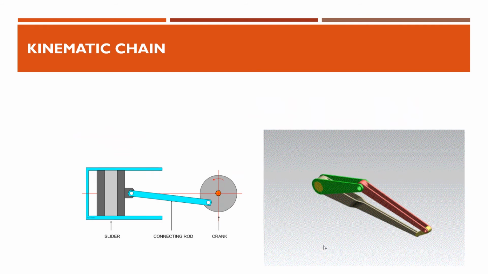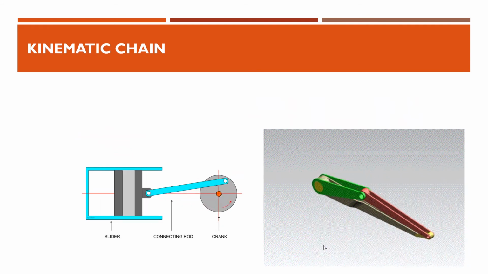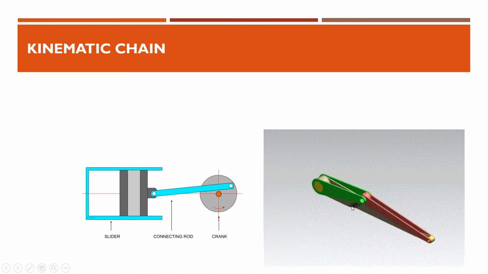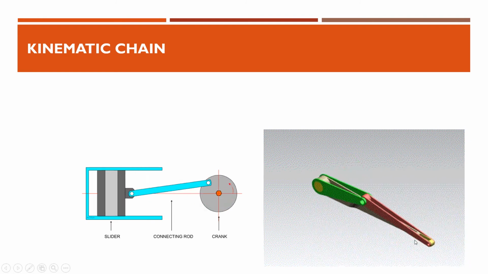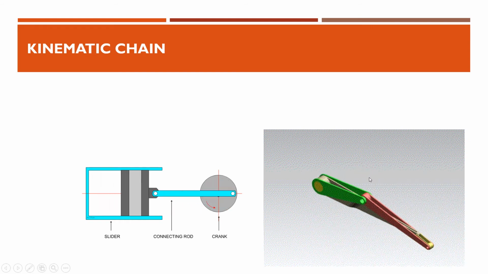And the next thing is the kinematic chain. What is a kinematic chain? See, you look at this animation. In this 4-bar animation, you can see that this link is connected to these 2 links. Similarly, the green link is connected to the other 2 links.